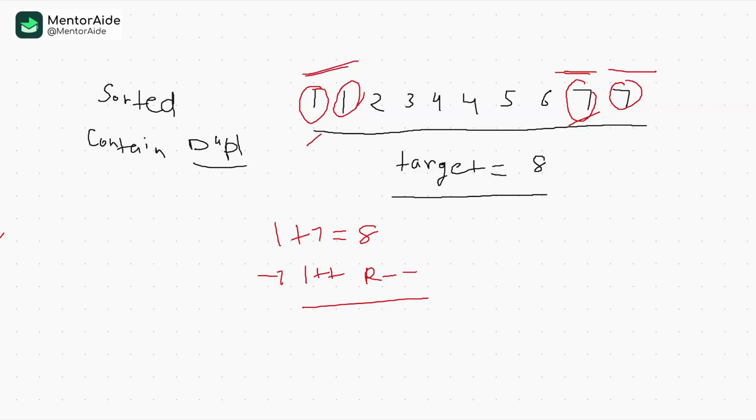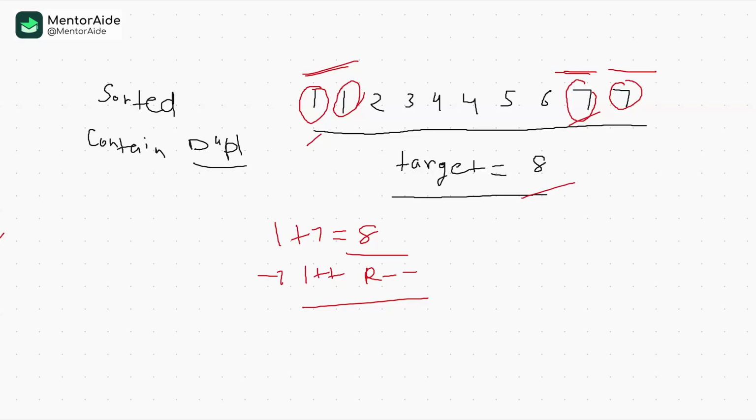Okay. So if you remember, when we were adding the two numbers, we came to know that the sum is 8. Now 8 is equal to the given target. What was our next step in the previous question, the code which we just wrote? Incrementing the left and decrementing the right.